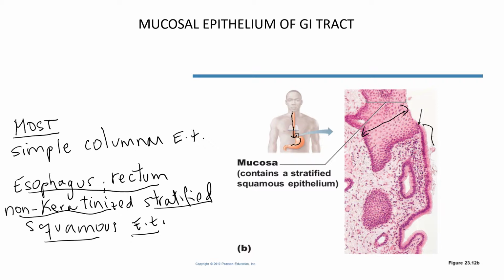Notice how the tissue changes once we arrive at the stomach, becoming a thin, simple columnar tissue.